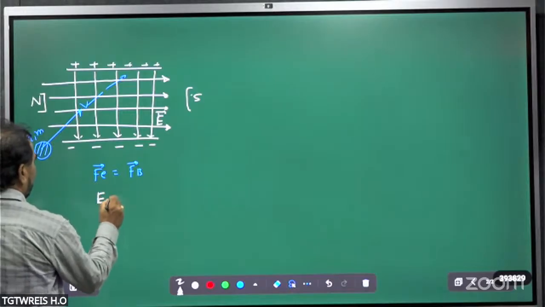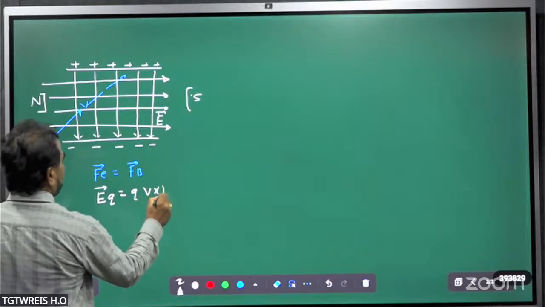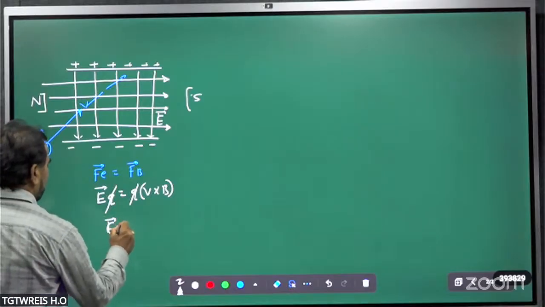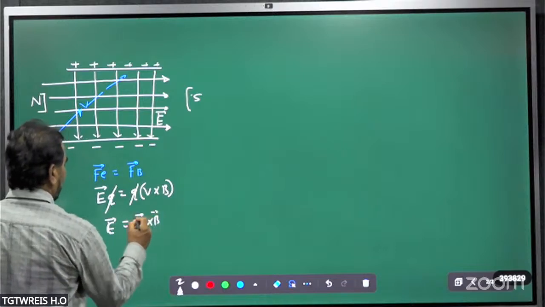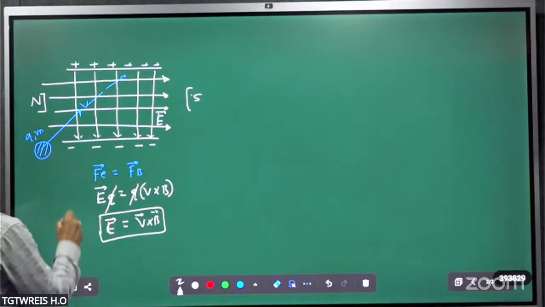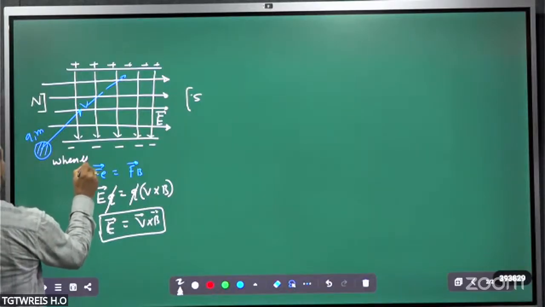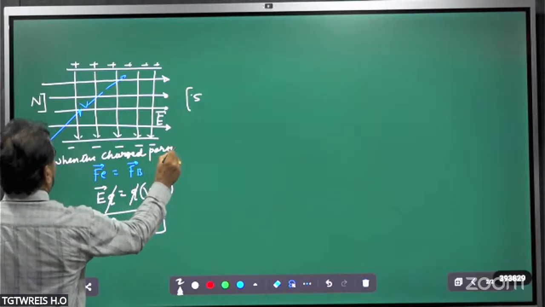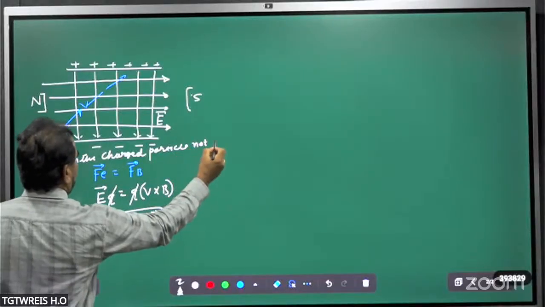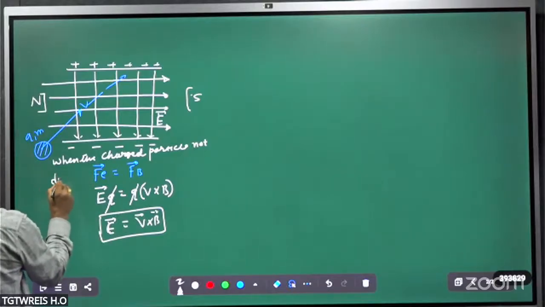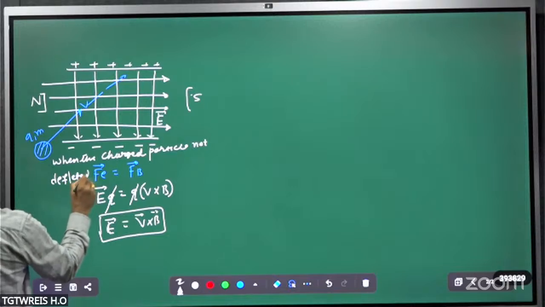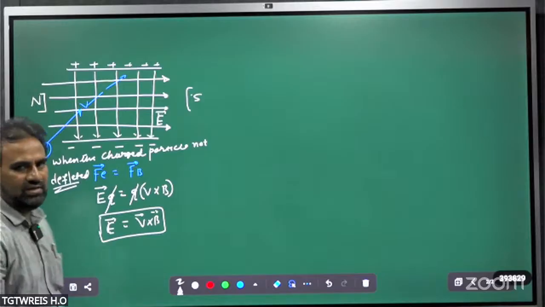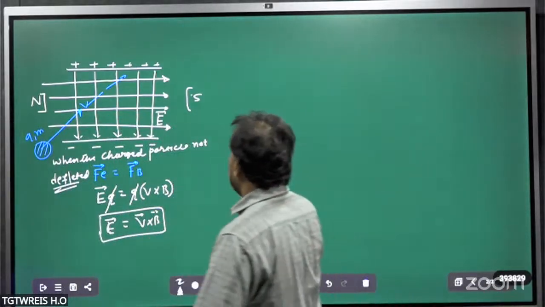It is EQ. So EQ is equal to Q into V cross B. On both sides, Q gets cancelled, so E is equal to V into B. That means when the charged particle is not deflected, Fe is equal to Fb, so E is equal to V cross B. The electric force and magnetic force are equal.